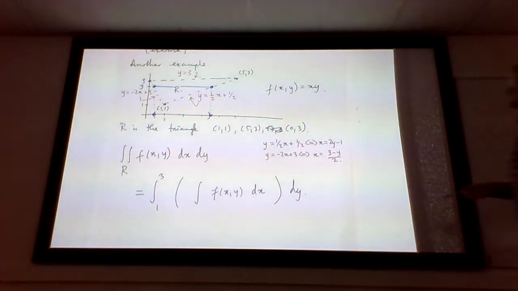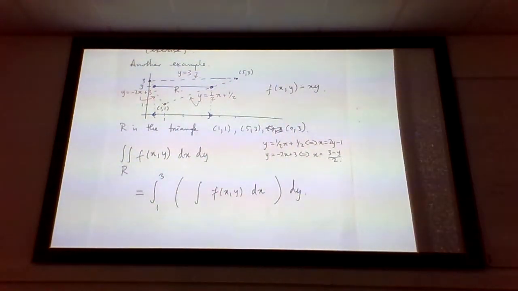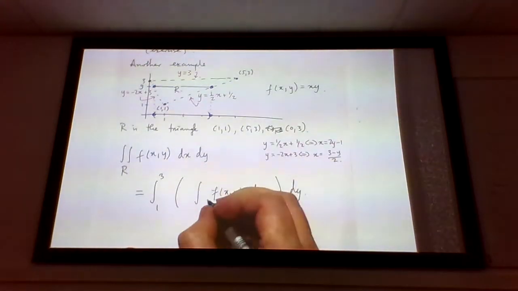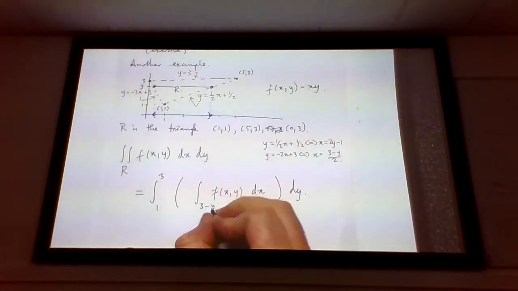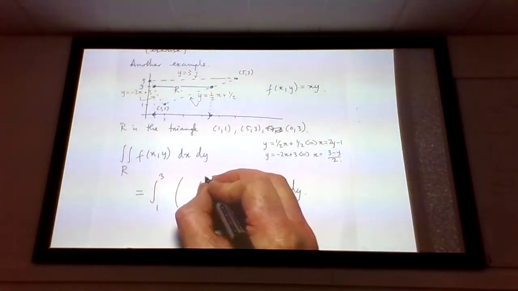So corresponding to this value of y on the y-axis, the lower limit is (3 minus y) over 2, and the upper limit is 2y minus 1.